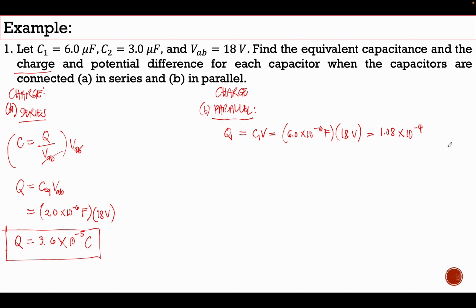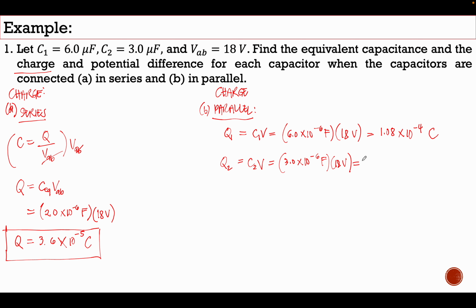And again, our unit will be in terms of coulomb. And for Q2, or the second charge, we have the capacitance of the second capacitor, which is C2, times V. So we have 3 times 10 to the power of negative 6 farad times 18 volts.